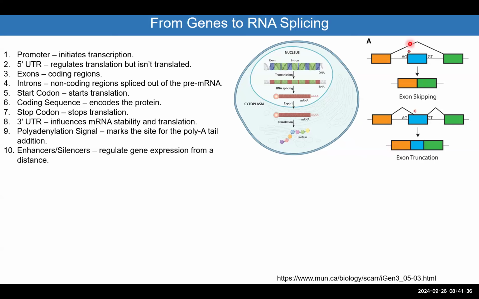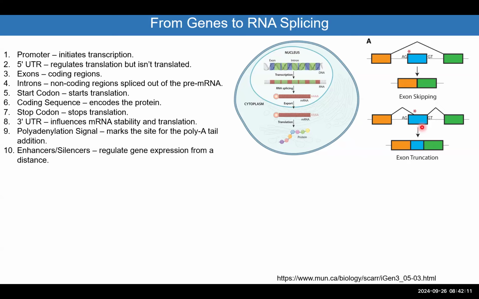One way we can splice this RNA is by getting rid of this guy. So we skip the blue exon. And by skipping the exon, we have now a messenger RNA that has only exon 1 and exon 3. You can imagine that we had another version of the messenger RNA that have exon 1, exon 2, and exon 3. So you already have two isoforms of the same protein.